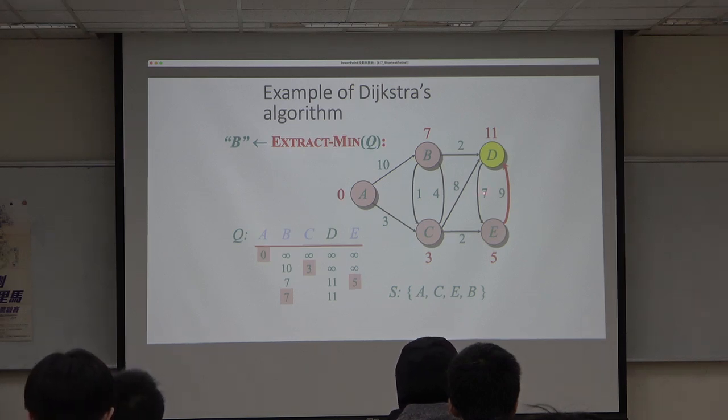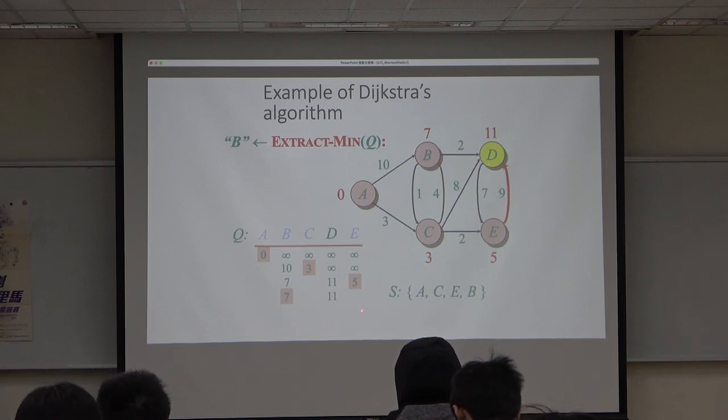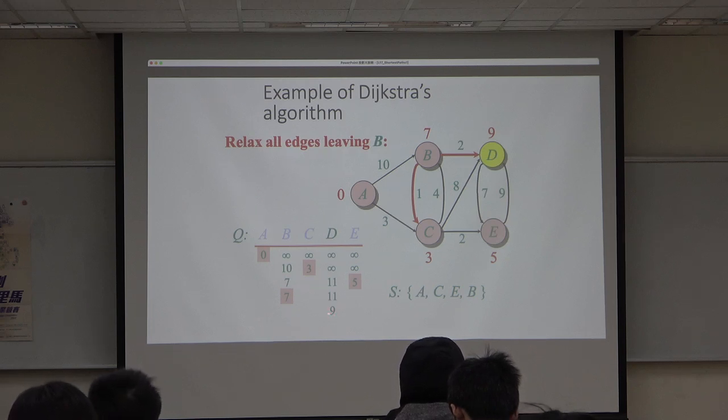But for D, it's going to be 7 plus 2, so it will be 9. 9 is lower than 11, right? So you are going to update 11 to 9. And then the last one you pick will be 9.